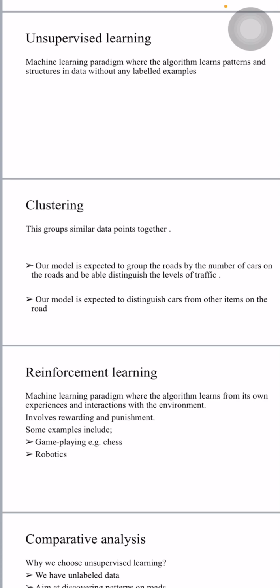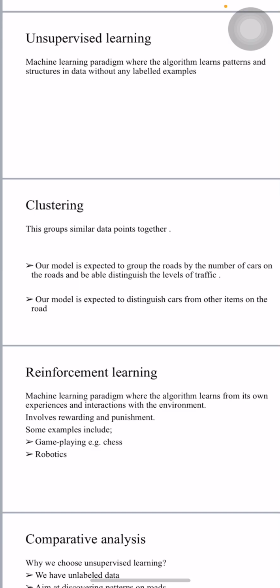If you remember, we feed it with an unlabeled data set, so it groups similar data that looks alike together in clusters. So how are we applying clustering in our work that we shall be doing?